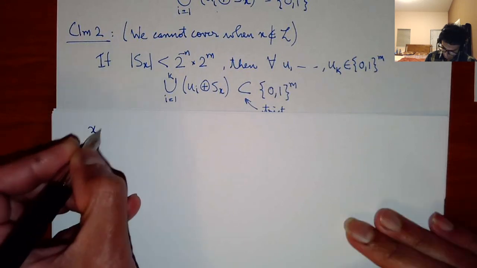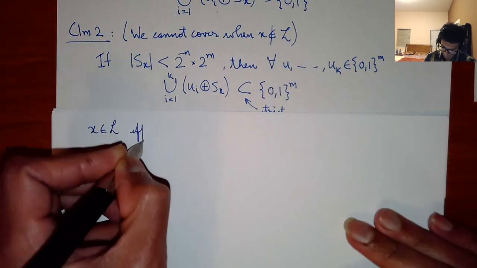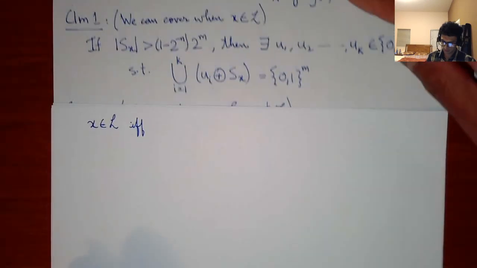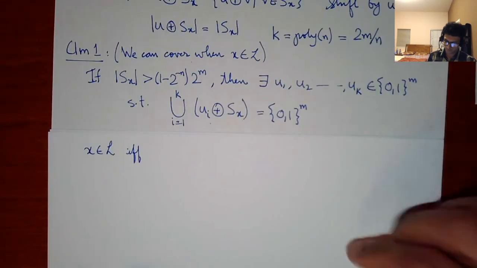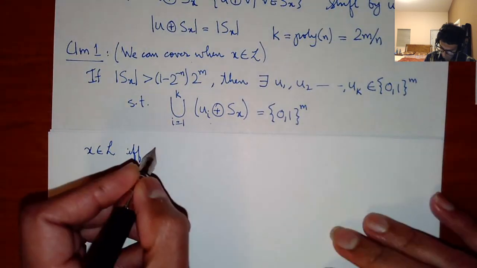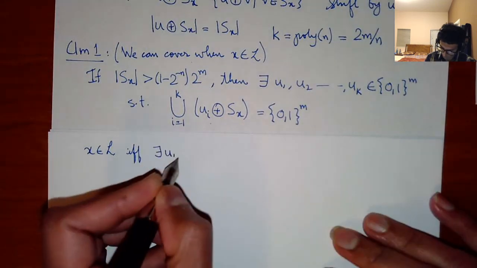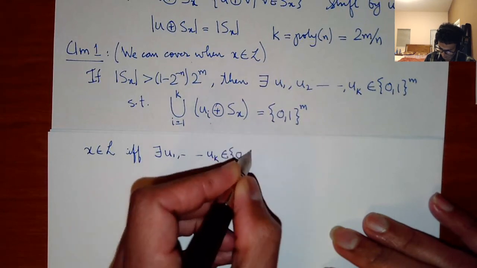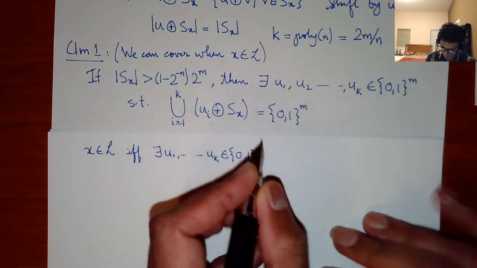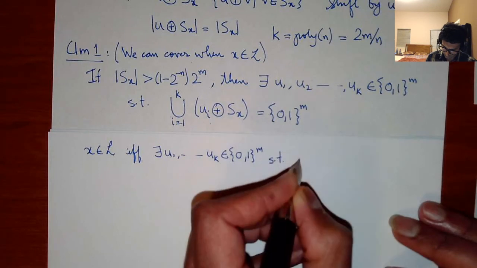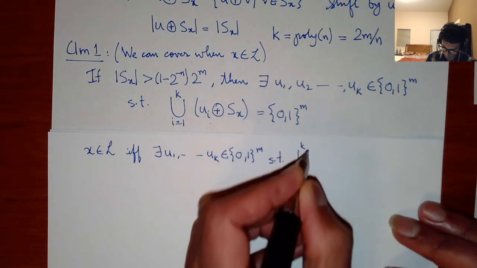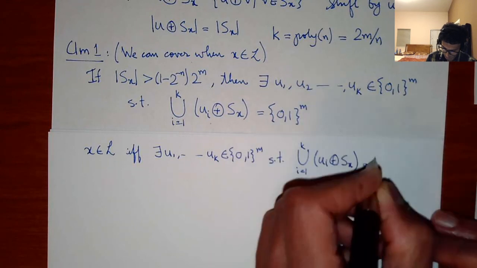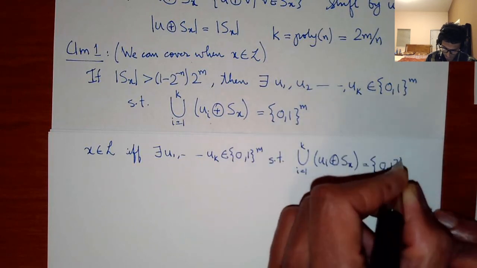I'll say X is in L if and only if there exists U1 up to UK in {0,1}^M such that the union of UI plus SX is the entire set.